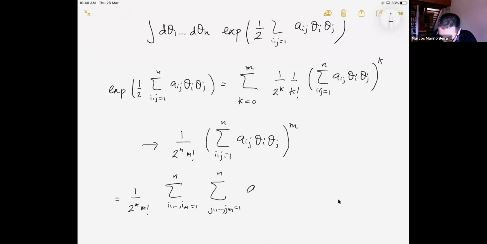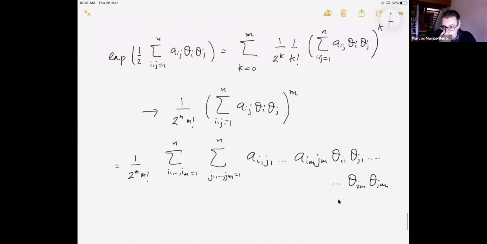So I can write this as a_{i1 j1} ... a_{im jm}, and then theta_{i1} theta_{j1} ... theta_{im} theta_{jm}. Okay, so this is what you get from this expansion.